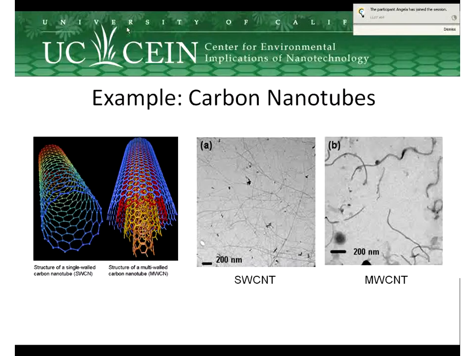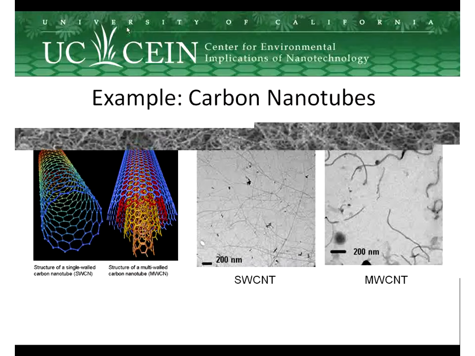These are pretty unique images because we actually see individual tubes or close to individual tubes where the diameter may be just a few nanometers, and they're about a few microns long. That's a typical aspect ratio, single wall and multi-wall. The multi-wall may have 20 or 30 nanometers in diameter for that particular image.